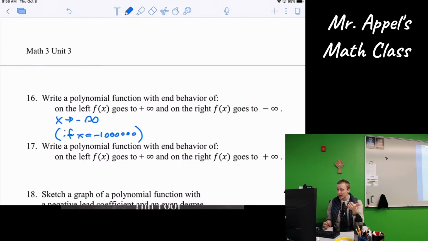So if I have a higher power, it'd be 1,000,000 times 1,000,000. Well, in this case, it'd be negative 1,000,000 times negative 1,000,000, which would give me a positive 1,000,000. If it was to the third power, multiplied by negative 1,000,000 again, well, now I'm back to negative.